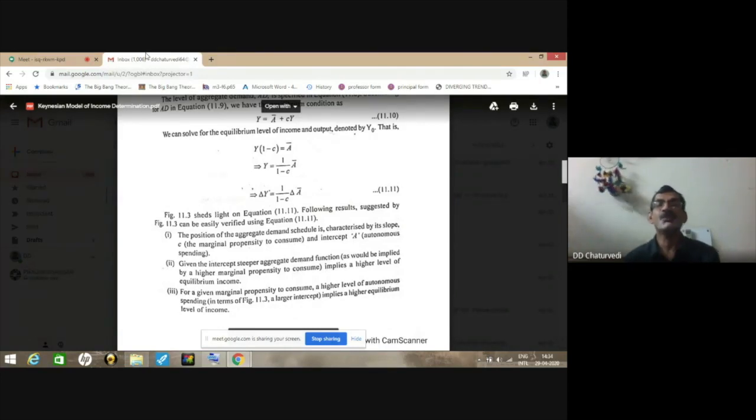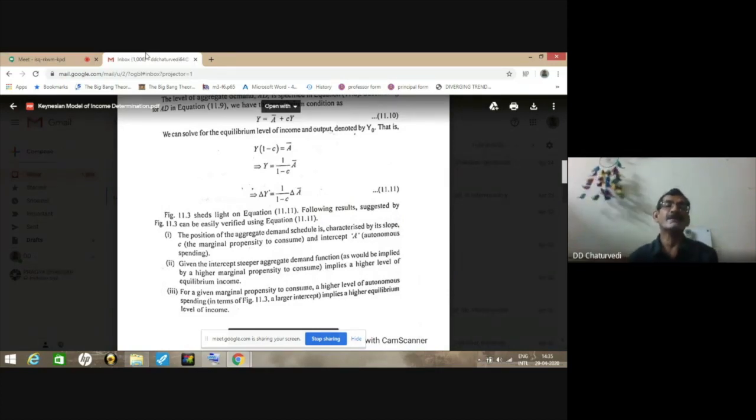So in case you want to know about the aggregate demand curve, you can know its position through intercept A, from where the curve starts, and its slope is indicated by MPC, marginal propensity to consume.